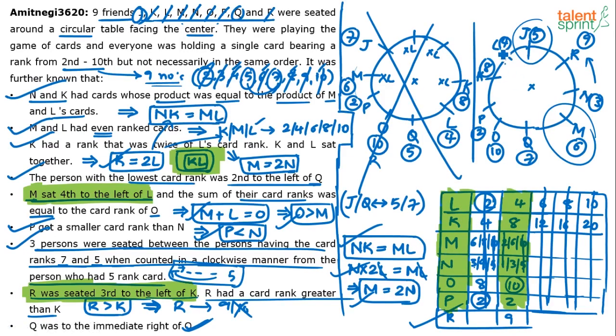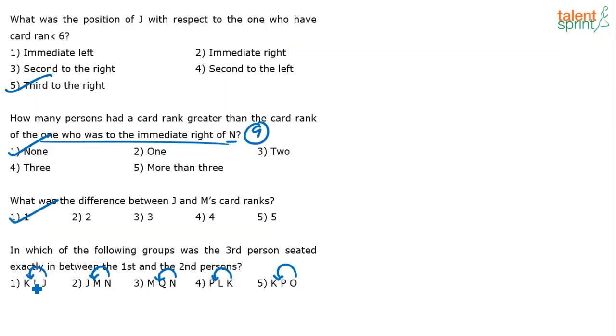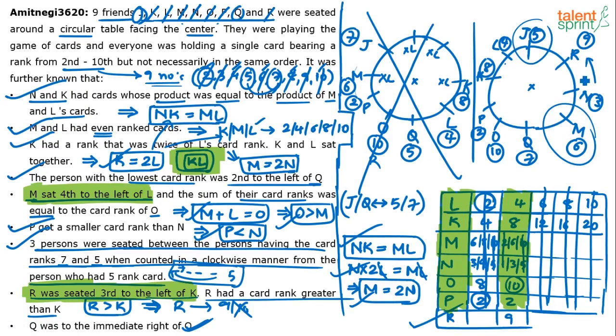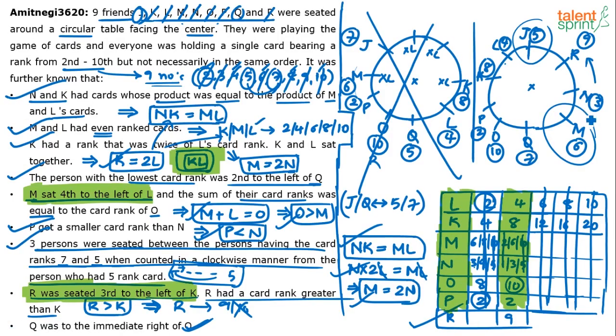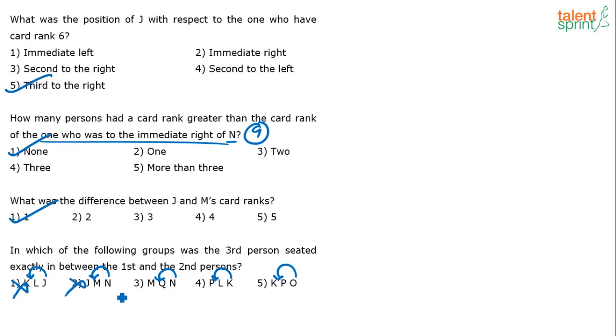J between K and L? No, J is not between K and L. N between J and M? No, N is not between J and M. Q between M and N? No, that also is wrong.